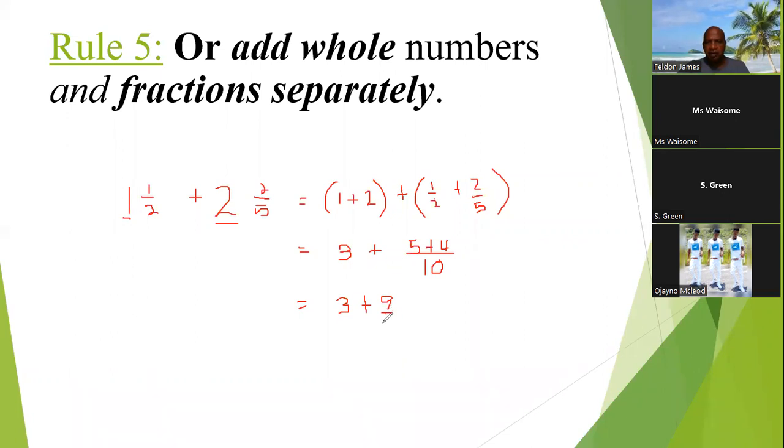Now you have a whole number and a fraction, and you're adding them together. Once a fraction is a proper fraction, you can just put them as a mixed number. So 3 plus 9 over 10, and 9 over 10 is a proper fraction. We can just group the whole number 3 with the fractional part 9 over 10. So the answer would be 3 and 9/10.